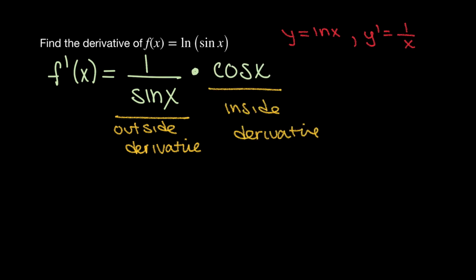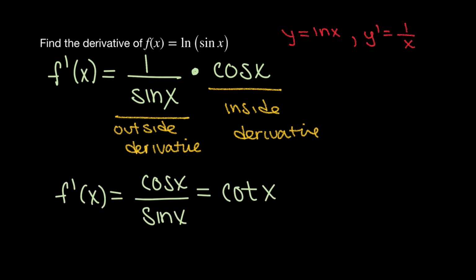But I'm using the chain rule, so I'm going to have to multiply by the derivative of the inside. My inside function is sine of x. That has a derivative of cosine x. 1 over sine x times cosine x is cosine x over sine x. We could also write that as cotangent x.